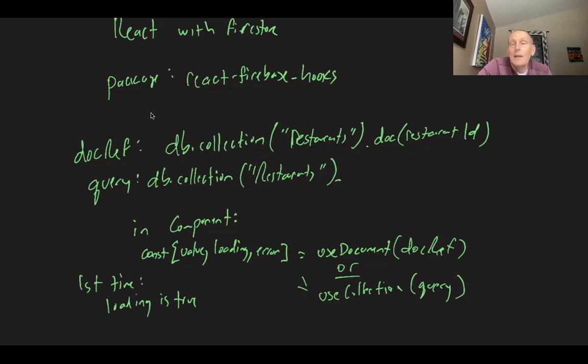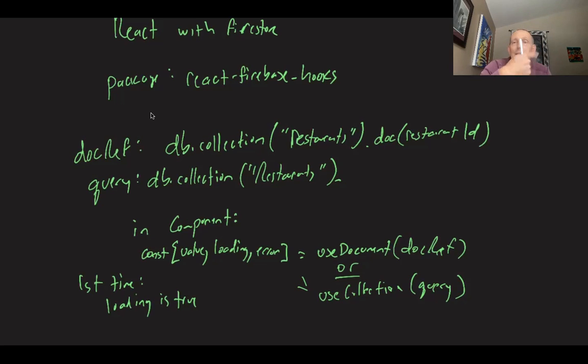So you don't really have your data yet, but you do have the information that you're loading. So you could put up something on the screen that says loading, and not try to actually use your data, your restaurants, for example.